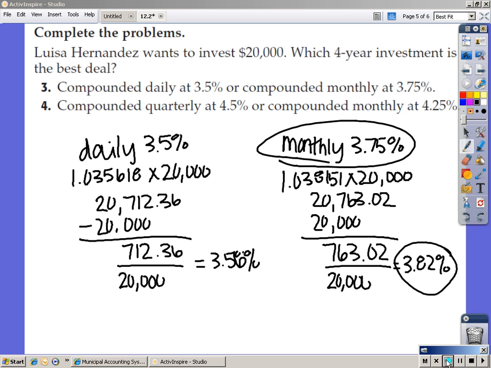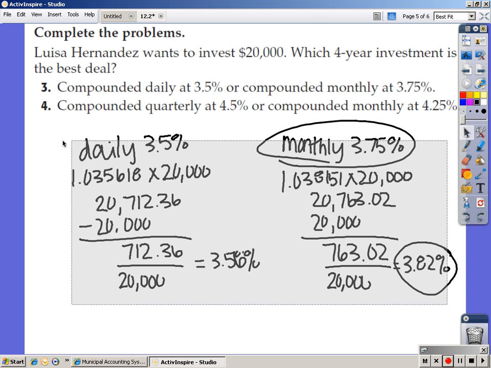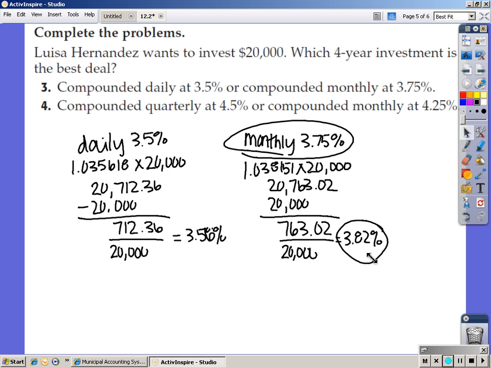She did a great job on this. The only thing is the question asks which four-year investment's the best deal. 3.82% has the highest APY, so your best deal is monthly at 3.75%. Okay? Good job. Going to minimize this so we can work the next problem.